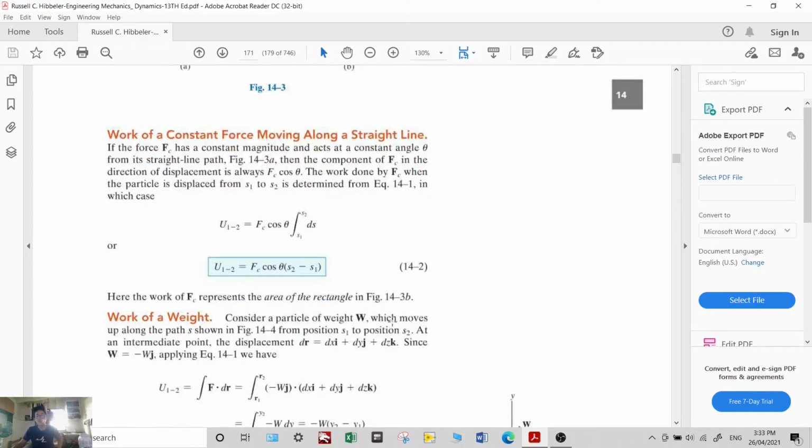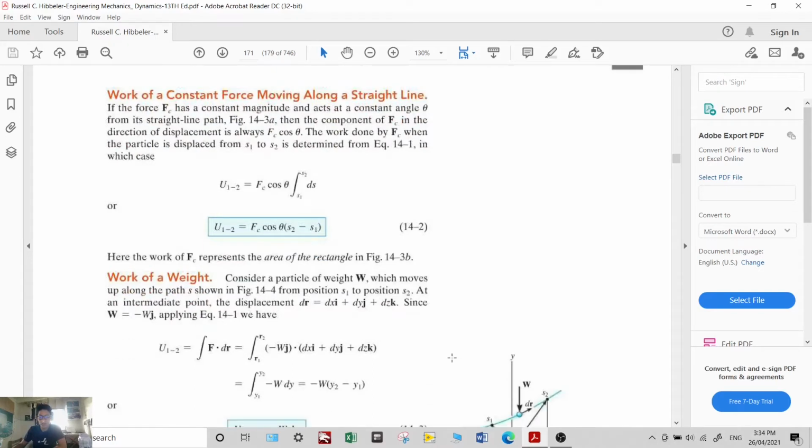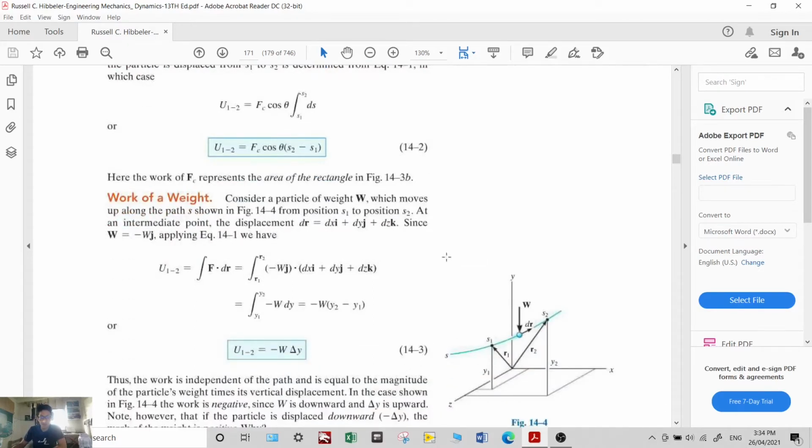Okay, example. The work of a weight. The weight is considered constant. So how do you get the work of the weight if the particle moves from S1 to S2, going upward, while the weight acts downward?